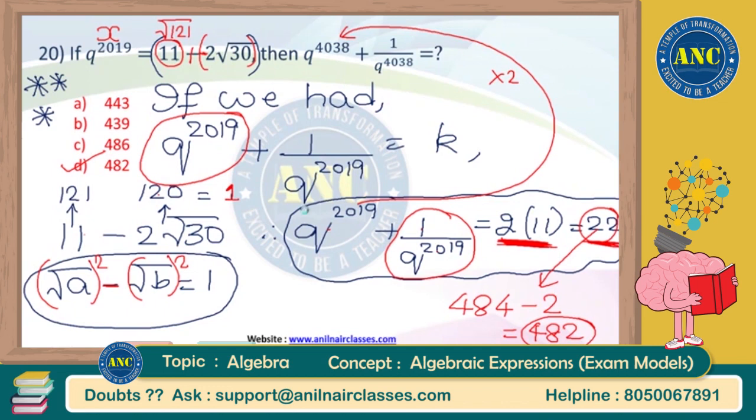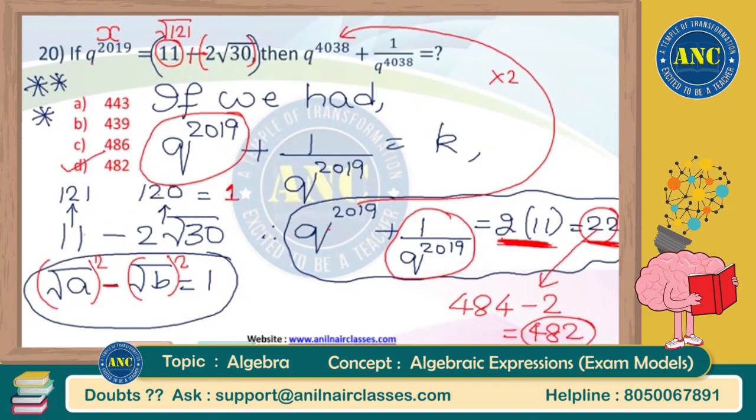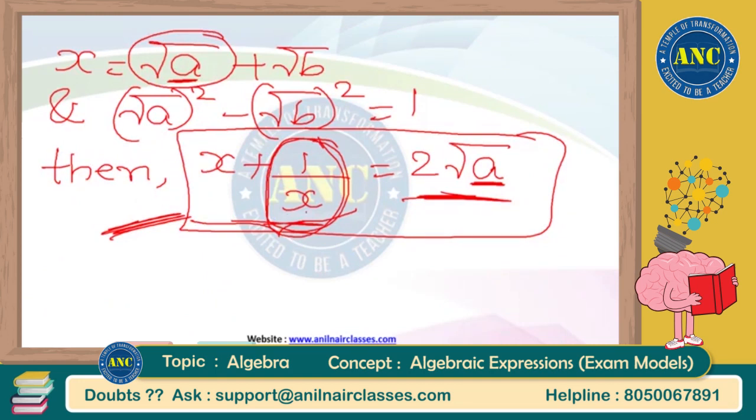First of all, why did I make use of this particular notation? Because 1 by x was not given in the question; only q power 2019 was given. But I have that doubling concept of k square minus 2, which works when the reciprocal is also added. So I made sure the reciprocal term would come using this concept.